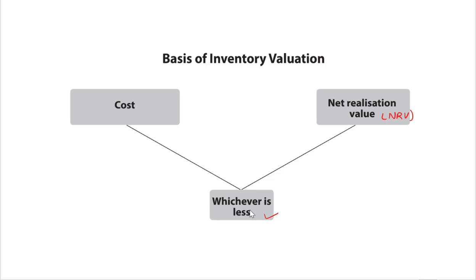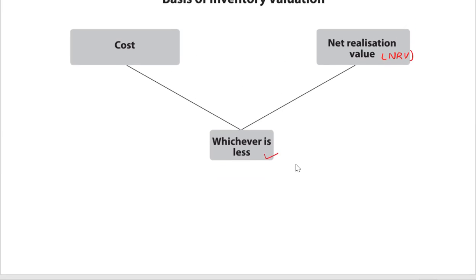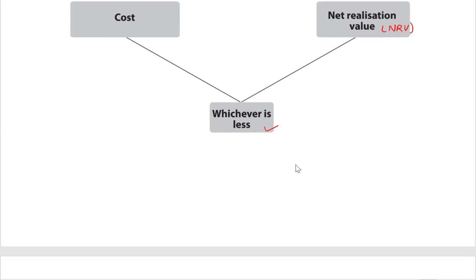Why? Because for valuation of inventory, in some year we take cost, in some year we may take NRV, because whichever is lower should be taken. So the principle of consistency does not apply over here. I believe you understood. Just write a note over here.